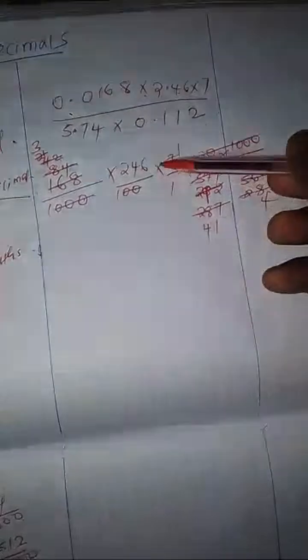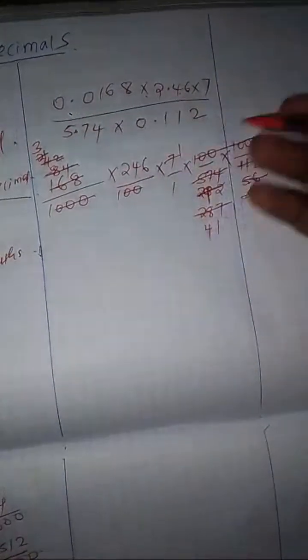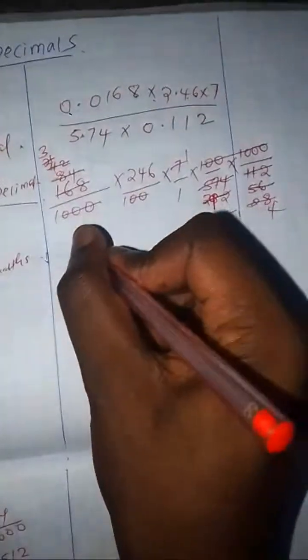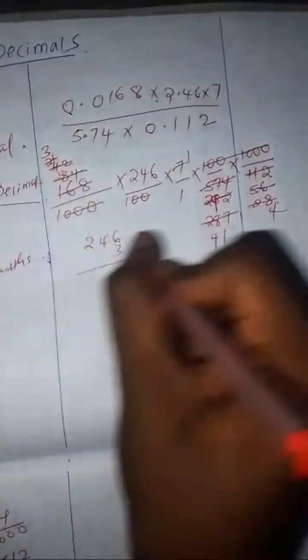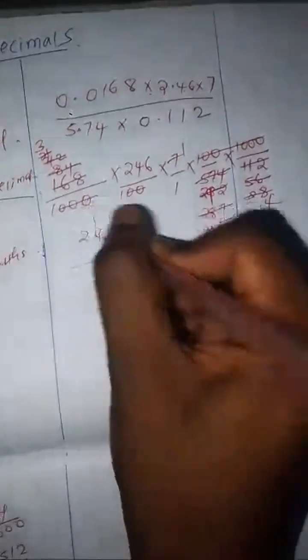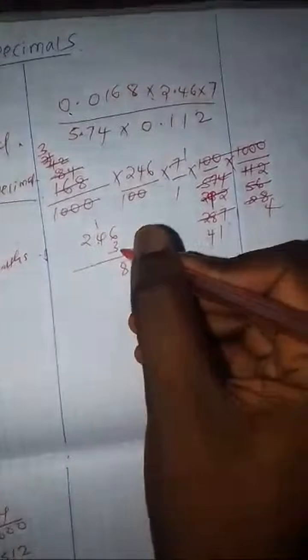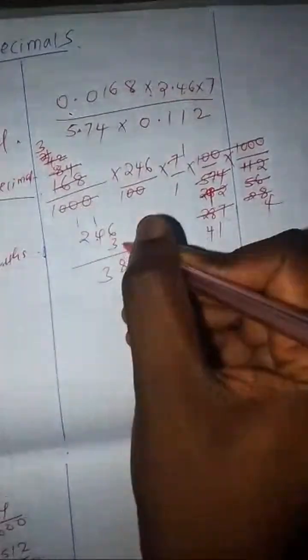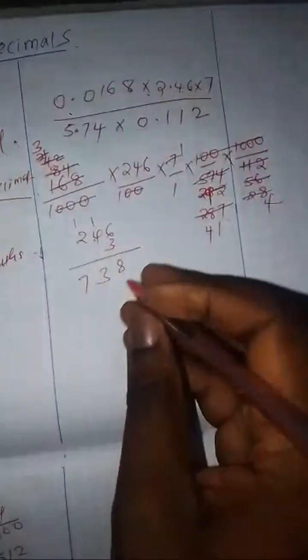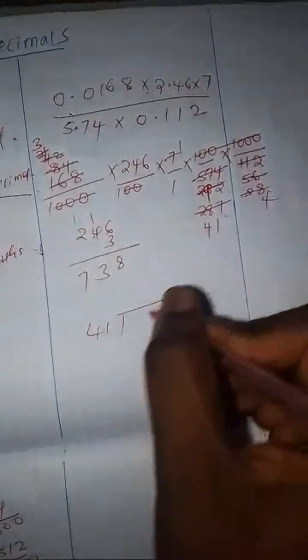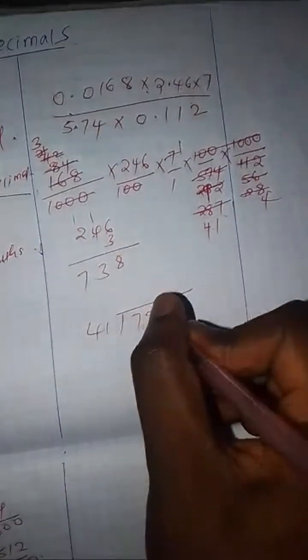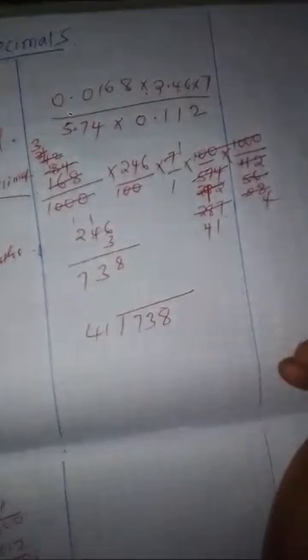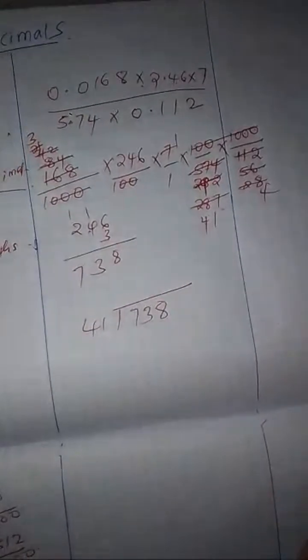Let's just multiply directly. 246 multiplied by 3. 18, 8 carry 1. 12, 13, 3 carry 1. 6. So we have 41 divided into 738.